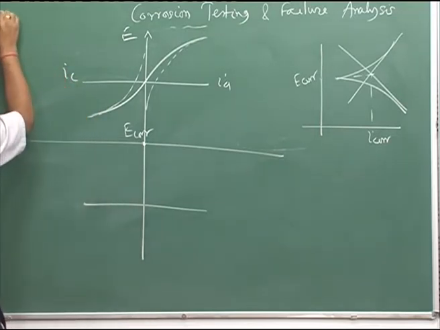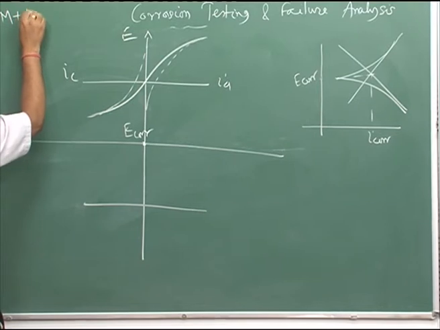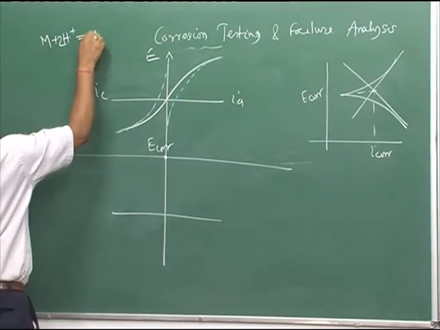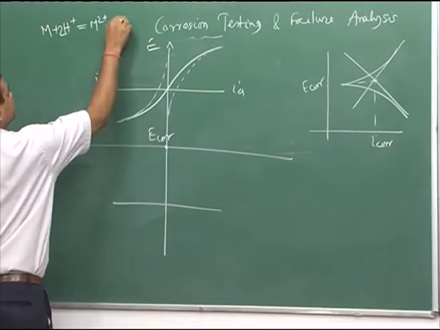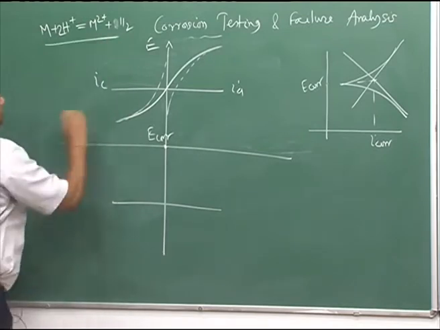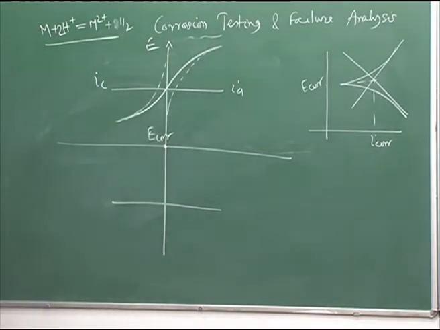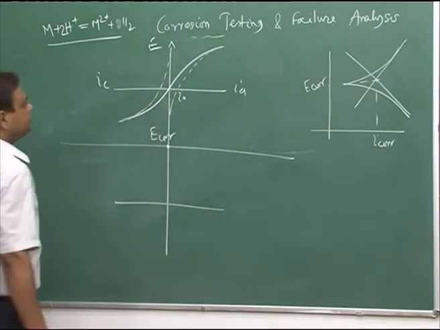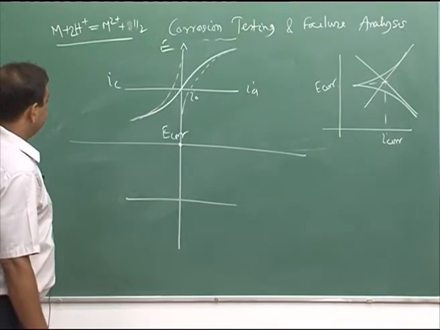So, actually we are considering M plus H plus going to M 2 plus plus H 2. This reaction, if we consider, is my cathodic reaction, and this is my I 0 for hydrogen evolution.